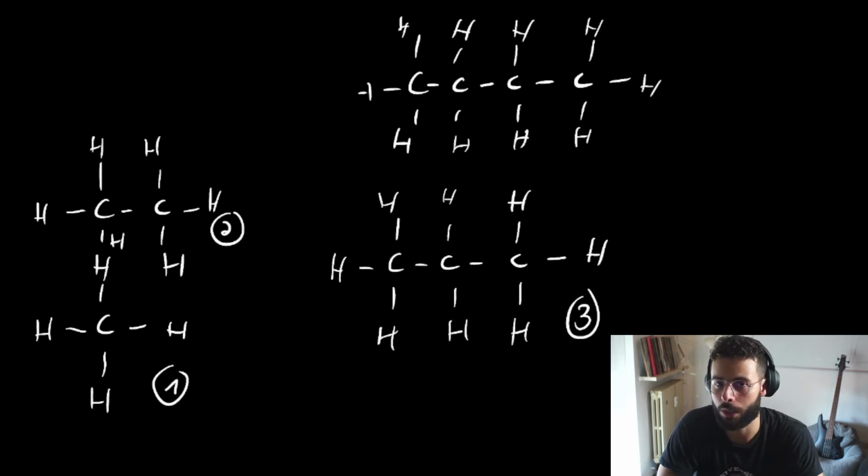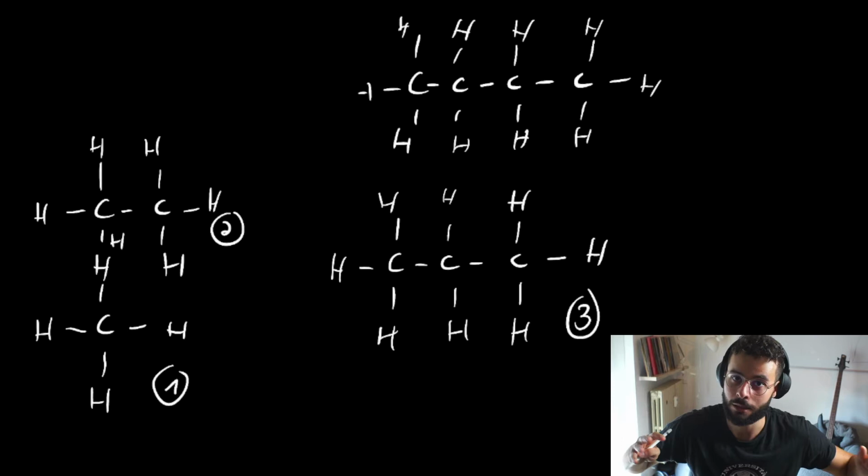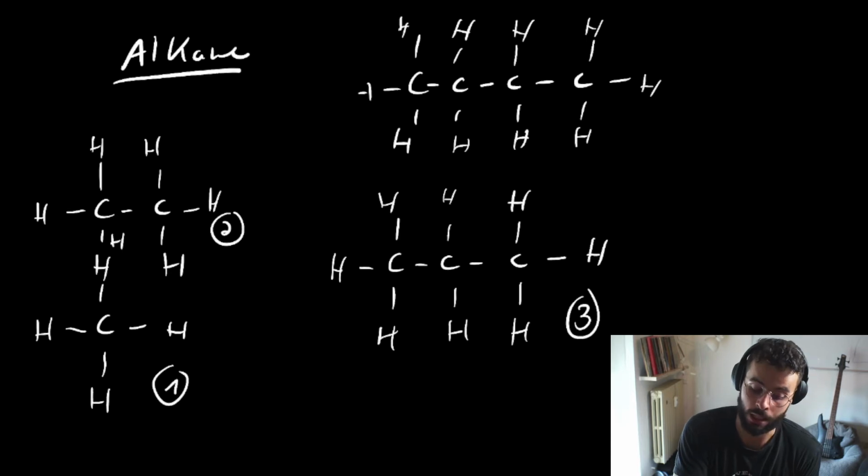But how do we name them? In order to name saturated hydrocarbon chains, we use something called nomenclature, as I said in the beginning of the video. And saturated hydrocarbon chains fall under a specific umbrella of molecules called alkanes in organic chemistry.